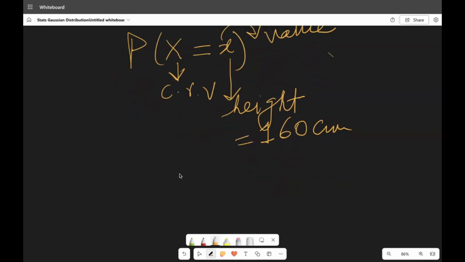In statistics, a normal distribution or Gaussian distribution is a type of continuous probability distribution for a real valued random variable.